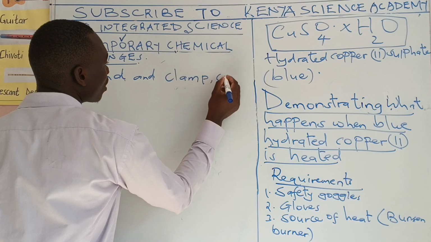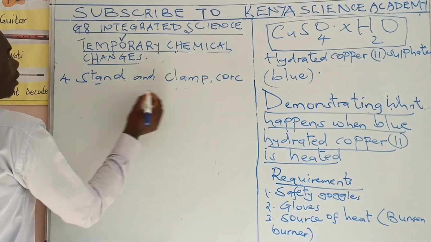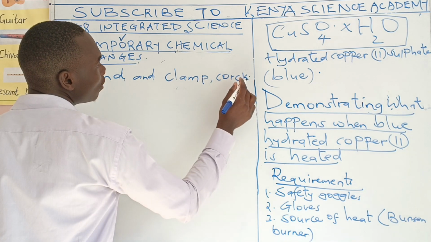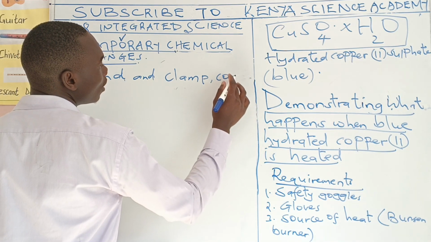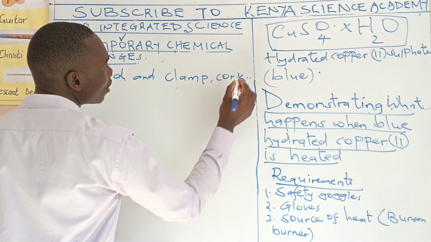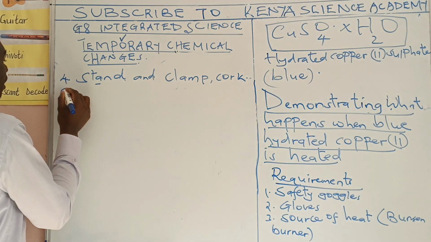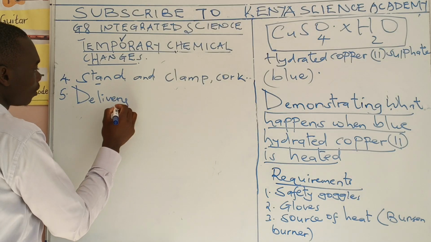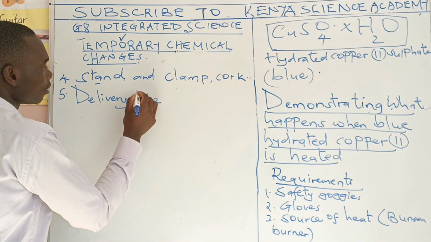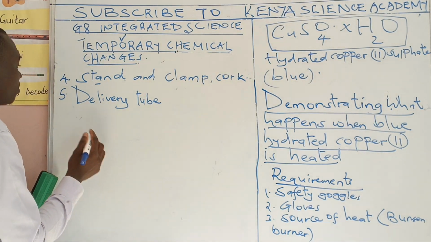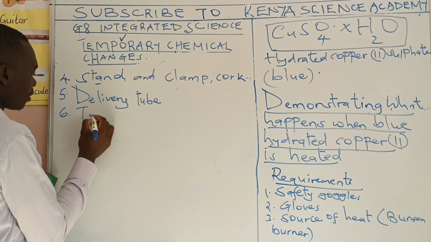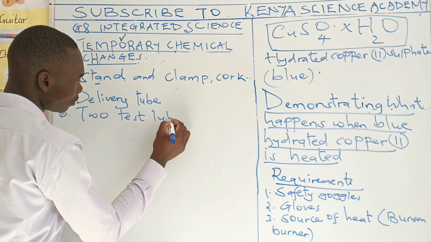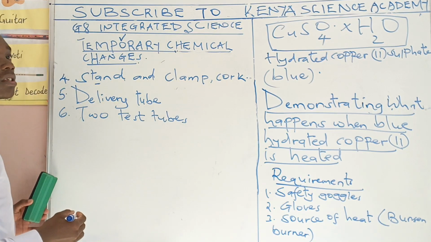There must be a cork, and a delivery tube. There must be two test tubes. So we're going to have two test tubes.